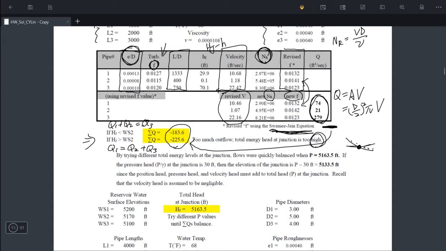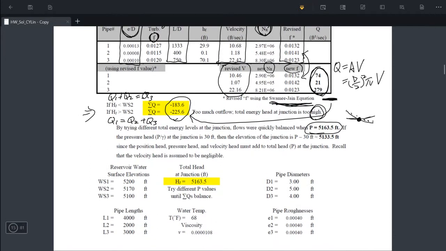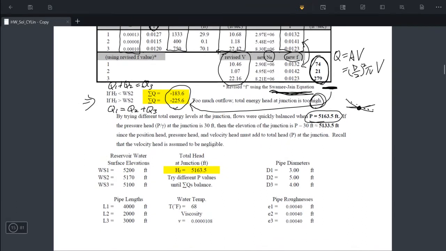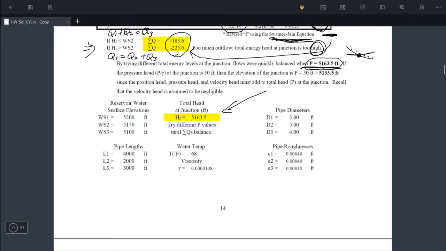But here we just take this value as our next round. Okay, so as I said, if you pick a new total energy head at the junction, then you plug into here again and do this entire process again.